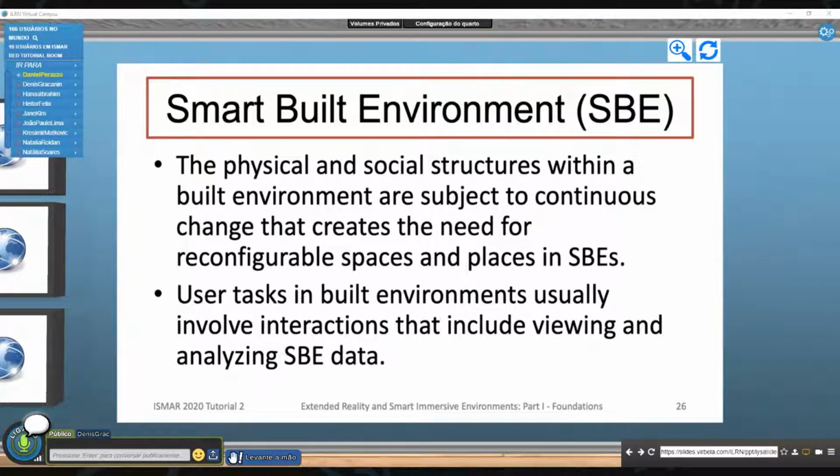So those structures within built environment change based on the dynamic or activities that are going on, and therefore users in such environment will perform tasks by interacting with smart built environment by viewing and analyzing data that the smart built environment provides.